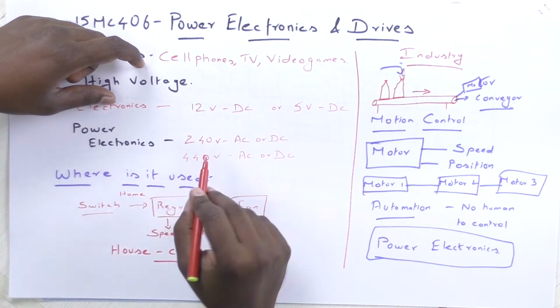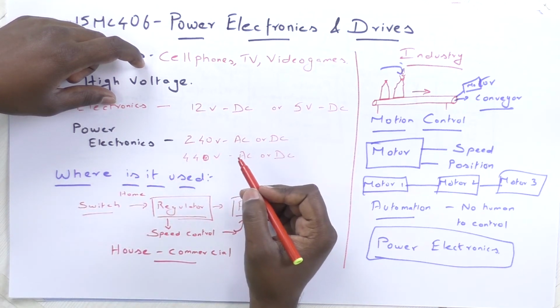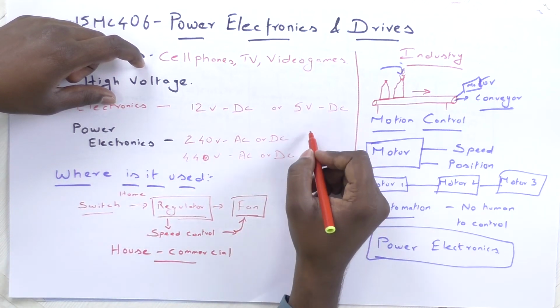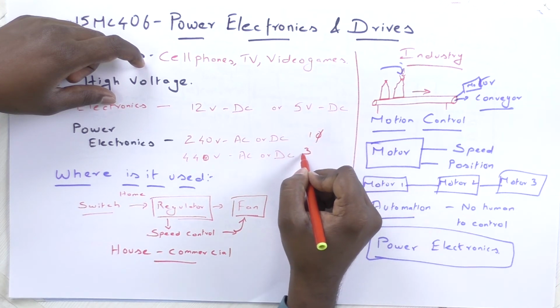Usually we would have talked about electronics, which is something that we use: cell phones, televisions, video games, watches, whatever it is. Usually their operating voltage will be like 12 volts or 5 volts, or less than that. Whereas power electronics will be using 240 volts DC or AC, 440 volts DC or AC, single phase or three phase supply.